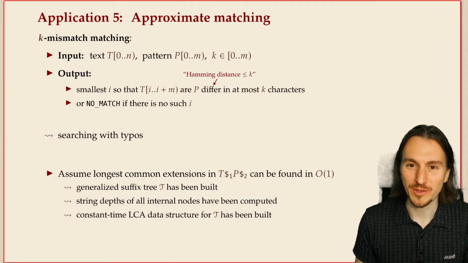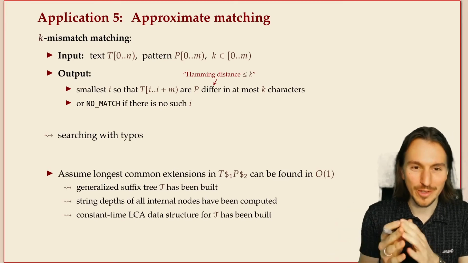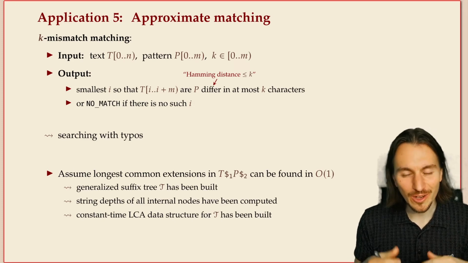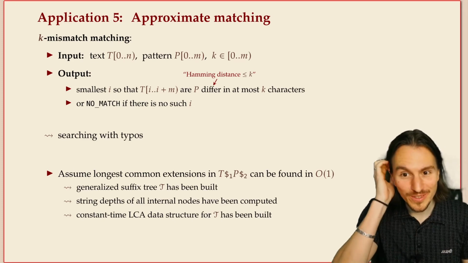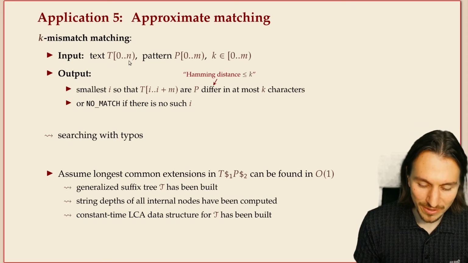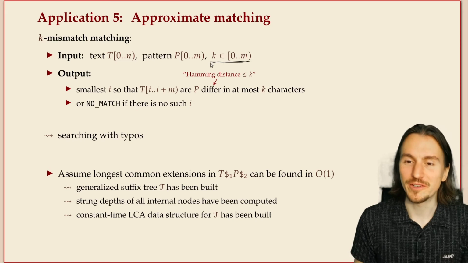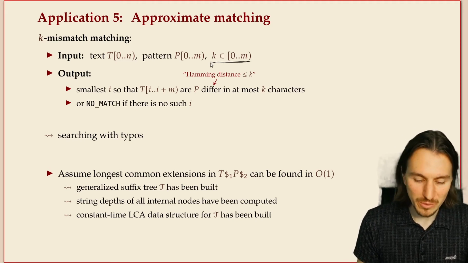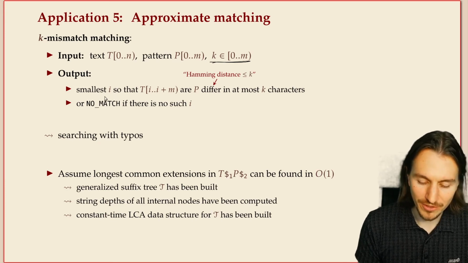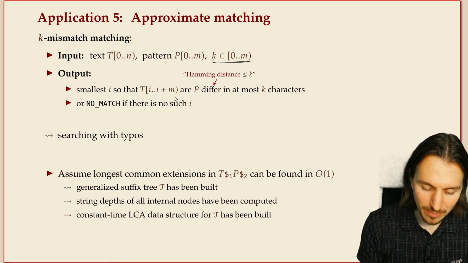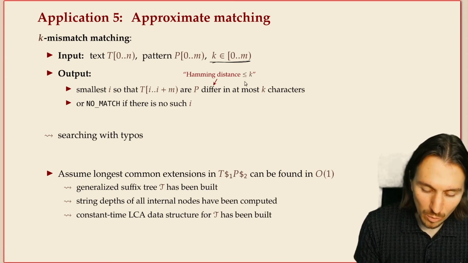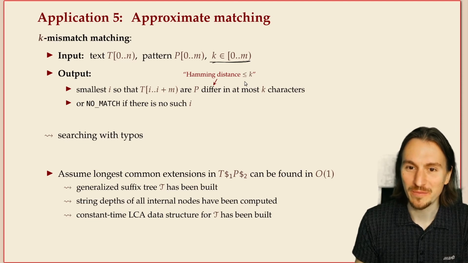That's the approximate matching problem. Remember, so far we were given a text and we were looking for exact matches of our pattern in the text. Often this is a little too strict, especially if humans type the patterns. So here we're given a text and a pattern, and additionally a parameter, a number k. And we're now interested in a match, well, the first match again, where the part of the text and the pattern don't have to be exactly the same, but they have to be within Hamming distance of k.